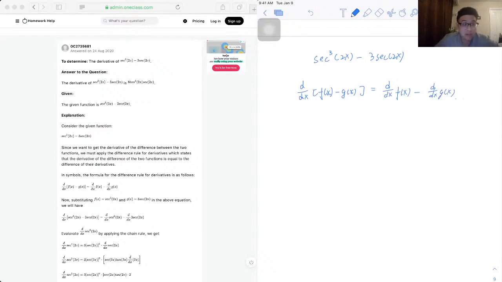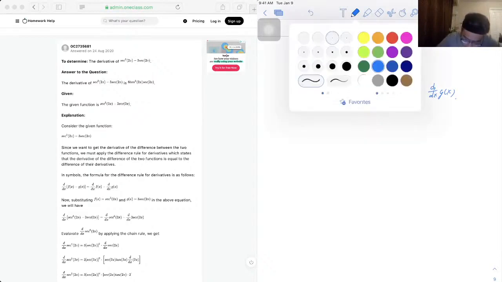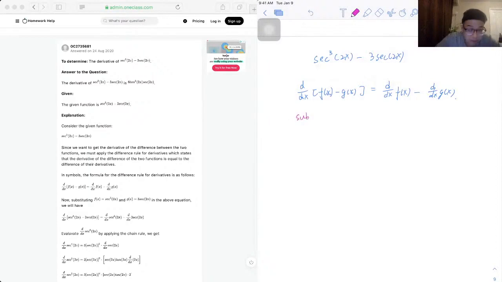So now we just need to substitute f(x) and g(x) back. I'll change the color. Sub f(x) equal to secant 2x to the exponent of 3, g(x) equal to 3 secant 2x.